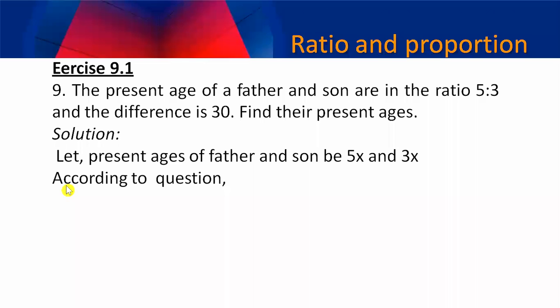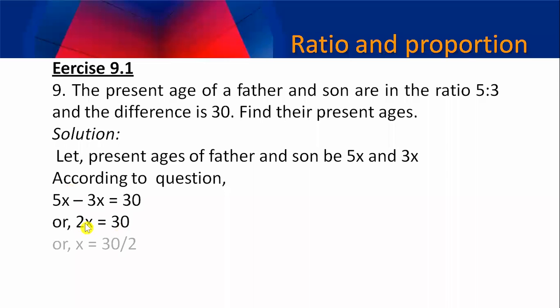Don't forget to write this sentence. According to the question, difference of their ages, 5x minus 3x, is equal to 30. 5x minus 3x is 2x, is equal to 30. And x is equal to 30 divided by 2.